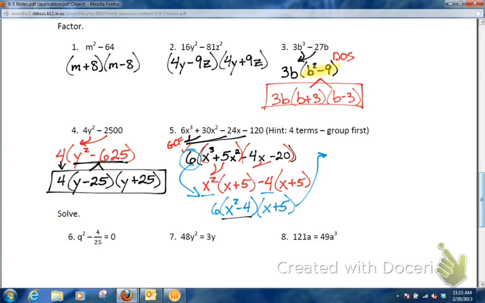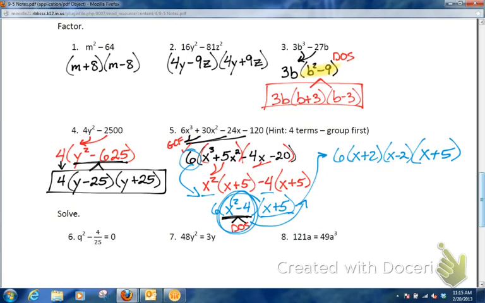And as you check your pieces here, you see this here is a difference of squares. So you need to factor that using your difference of squares method. So let's come over here and write my final answer down. I have the 6 in the front. This x squared minus 4 turns into x plus 2, x minus 2, and then you still have the x plus 5 at the end.